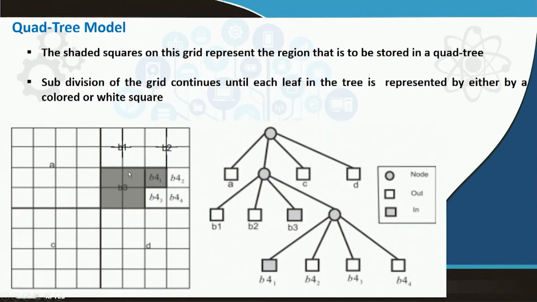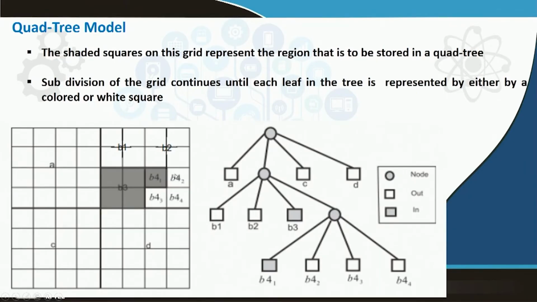Let us take this particular quadrant B. It is then divided again equally into 4 quadrants, that is B1, B2, B3 and B4. It has not yet reached an individual cell, but it is a collection of cells. B1 is a collection of 4 cells, 1, 2, 3, 4. Now if you go into the B4 quadrant, B4 has B41, B42, B43, B44.